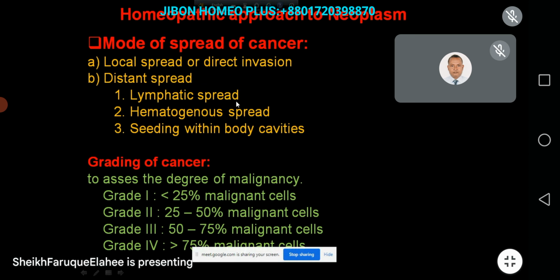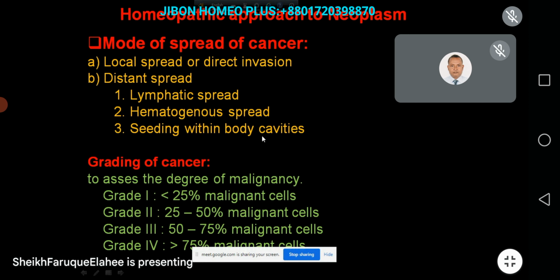Like the blood channel, we have a lymphatic channel also. By lymphatic channel, it can spread. And of course, hematogenous spread by blood vessel. By blood vessel, a tumor of the prostate will come to the, say, liver. Then it will go to the bone. So through blood channels, it can spread.